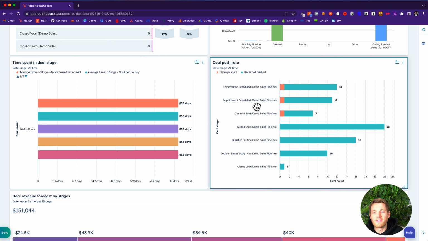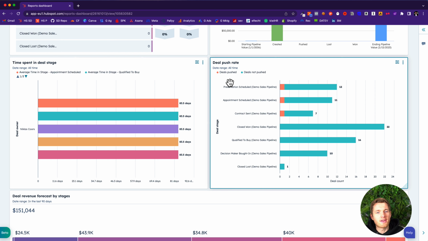And then the other one is, if you have a high push rate, why is that, right? Is that because there's an issue with forecasting through the reps? Is there a process issue, like they have a different understanding of a close date than what you were thinking it to be? Or is that actually very similar to time spent in deal stage? Is that actually something that delays it internally?